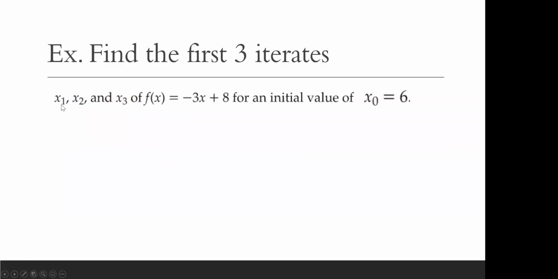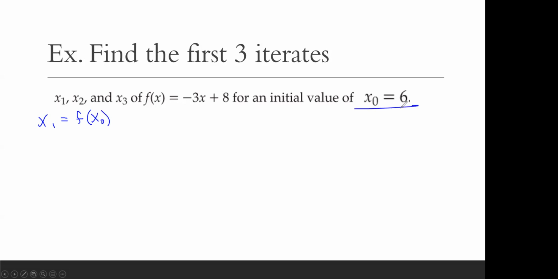So let's look at this. Here it says to find the first 3 iterates, okay? So we need to find x1, x2, and x3 of f of x is equal to negative 3x plus 8 for an initial value of x sub 0, okay? So recall it just told us that x sub 1 is equal to the function of x sub 0.